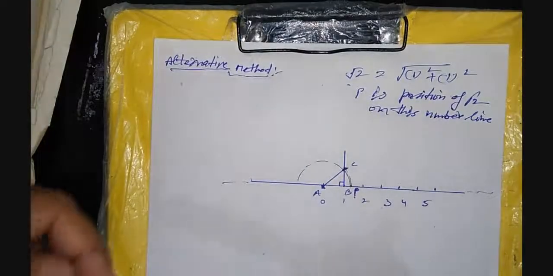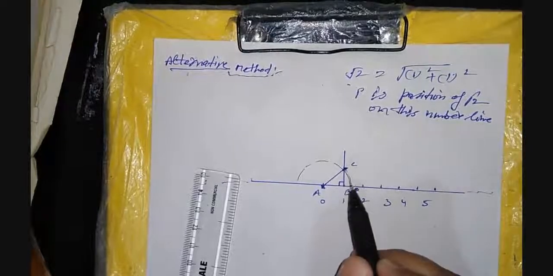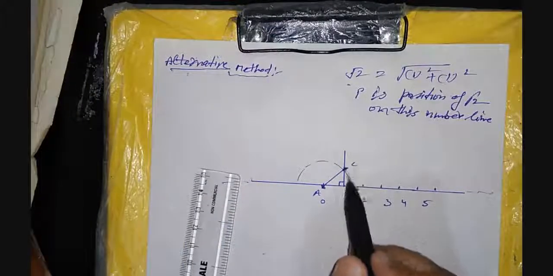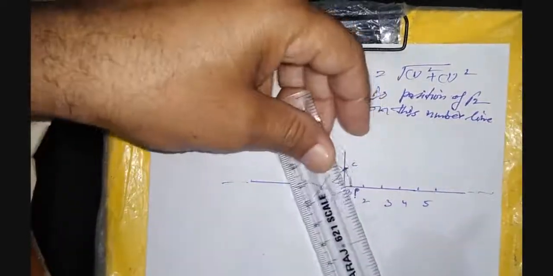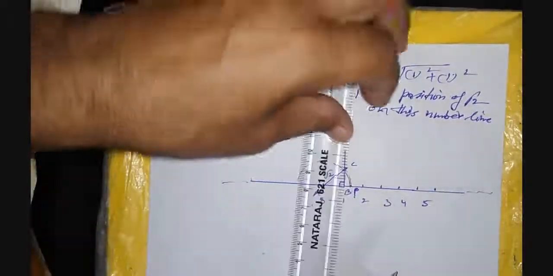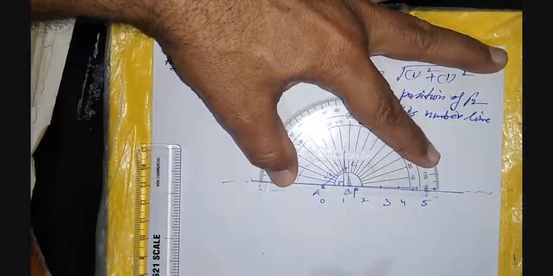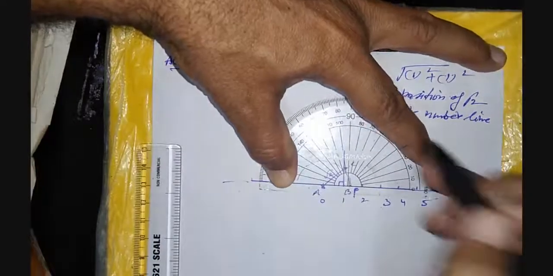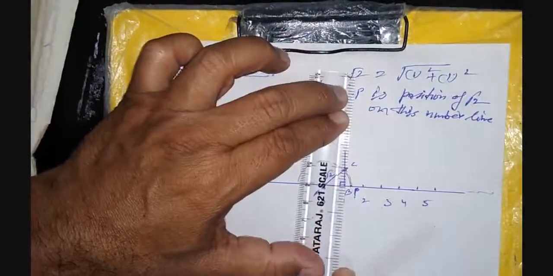That is the same. Now it is another way. What do I mean by another way? We will take a perpendicular, vertical line, taking P as the origin.